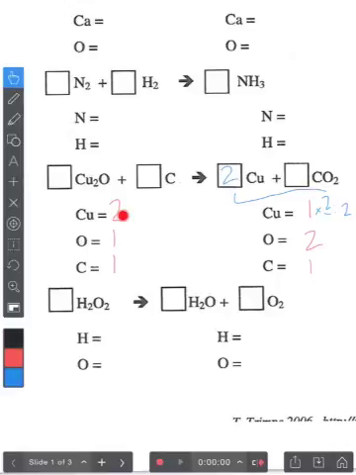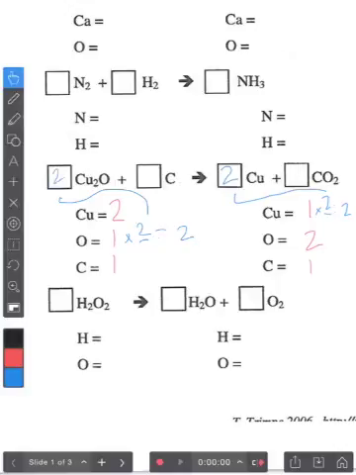Okay, so now my coppers are equal, but my oxygens still are not equal. So I think to myself, what can I multiply over here to equal 2? Well, again, it's 2. So then I record that in the oxygen coefficient place, which is way over here with the copper.